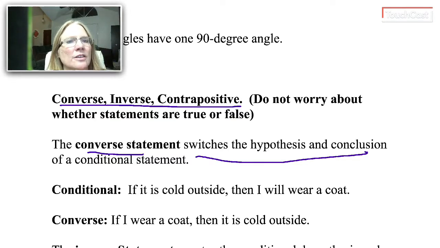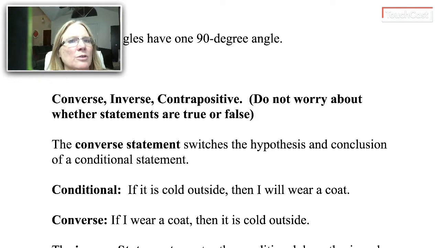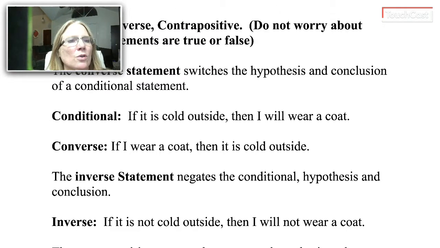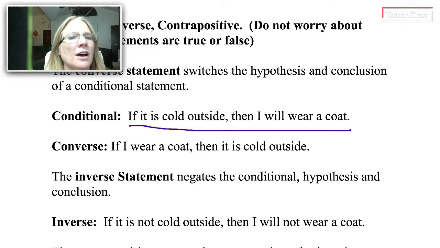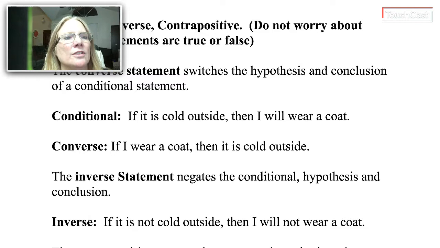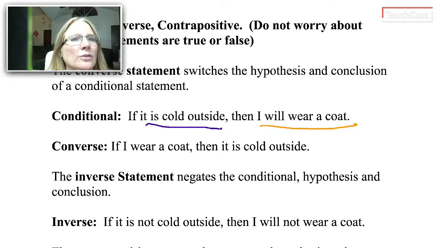So let's look at the first statement that we used. If it is cold outside, then I will wear a coat. We said that the hypothesis in this statement was it is cold outside. And then the conclusion was I will wear a coat.